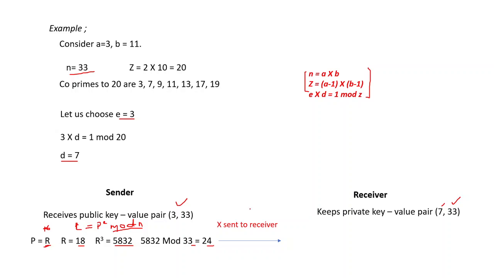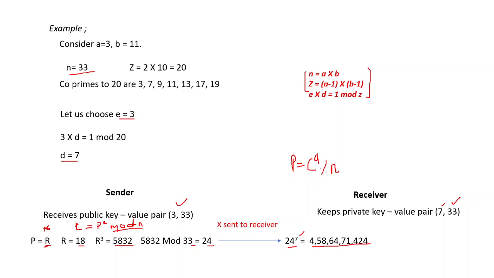Now at the receiver's end, as we have said, P is equal to C to the power D mod n. This is how mod is depicted. So now 24 to the power 7, that is the value of D, is this big number.